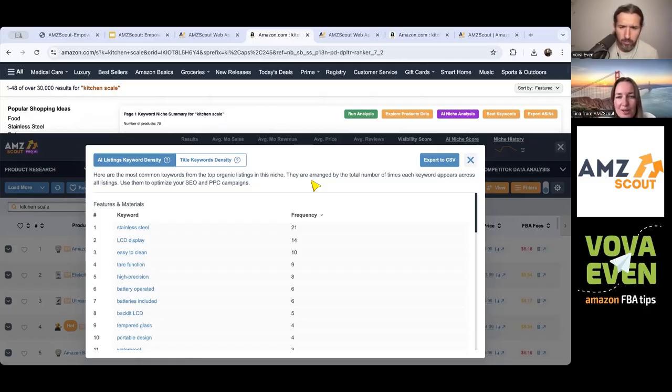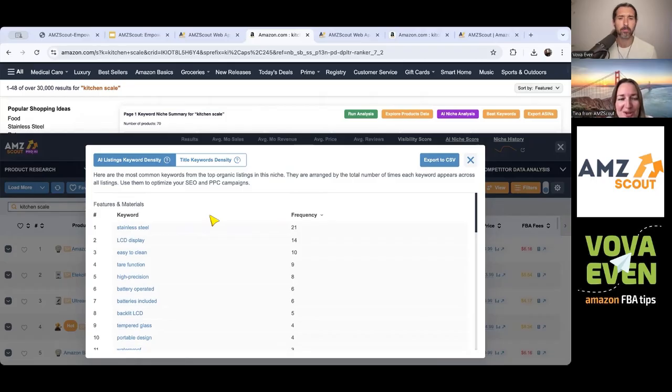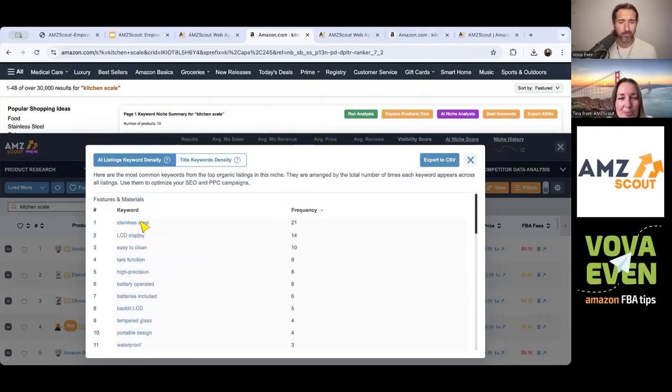So all the keywords from the listings that we analyzed for the kitchen scale, I think like 70 or 80, I'm not sure how many are on the first two pages, we organized them by groups like features and materials. We put them right here, with the frequency they occur in the listings.